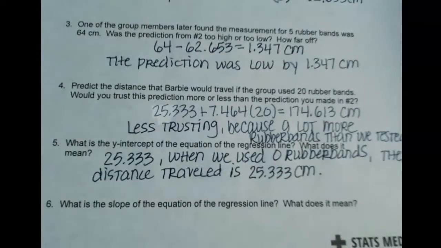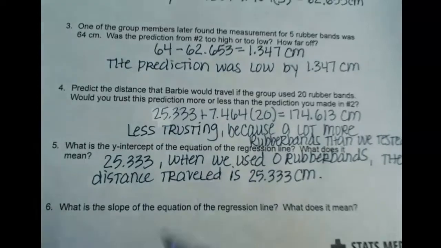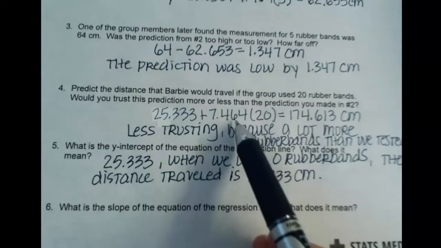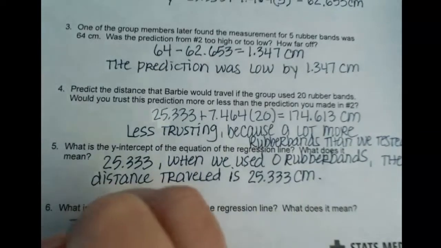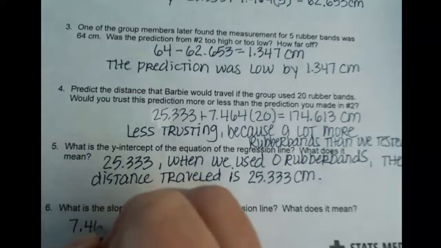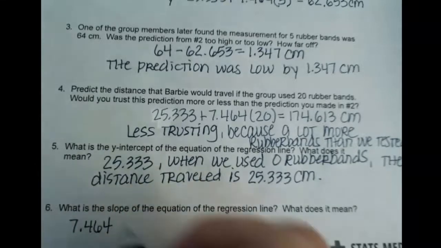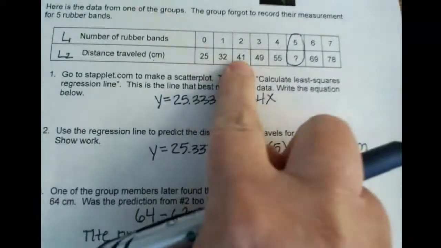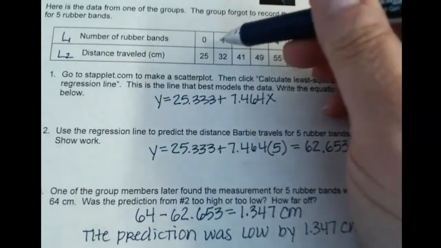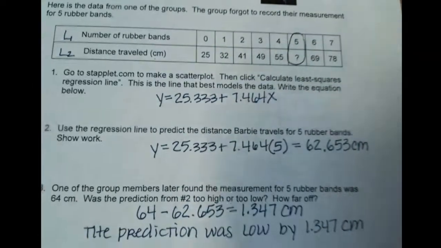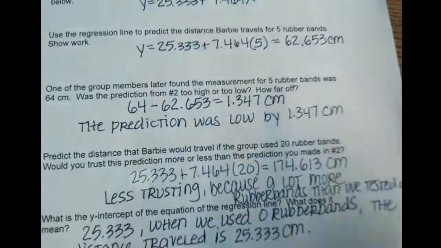Okay? And now we're going to talk about our slope. That was the b value. Okay? So what is slope? In this case, the number for it was 7.464. And how do you get slope? Every time your x changes, it's because you're adding 1 rubber band. Okay?